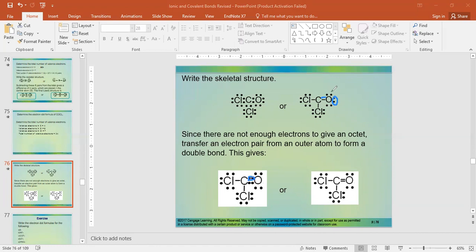And the other pairs of electrons, this one and this one, remain as lone pairs of electrons. Now, once we do that, ladies and gentlemen, you'll realize that all the atoms in this particular compound have the octet configuration, and we have satisfied the rule that is required. So that is how this particular compound is going to look.